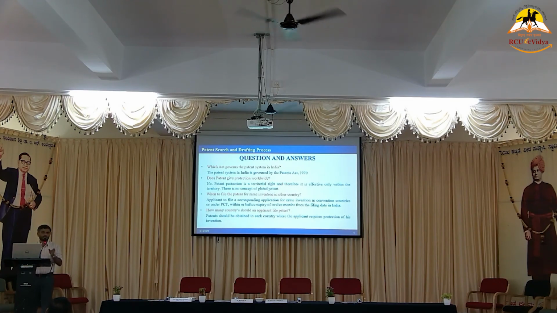This will protect against duplication by other people in those countries only. Other people can definitely copy your idea and replicate the product elsewhere. So whichever country you file in, that country you are going to protect. This is very clear.